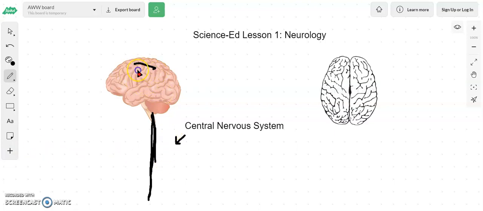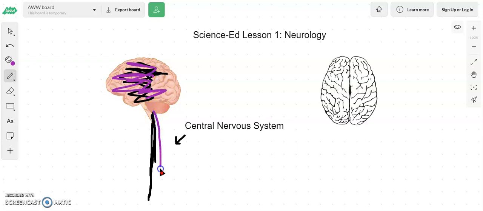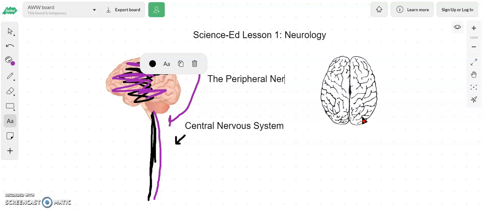So right here and right here, and this is the peripheral nervous system.